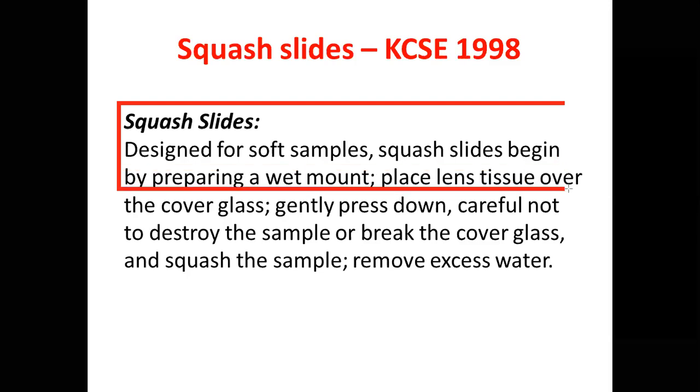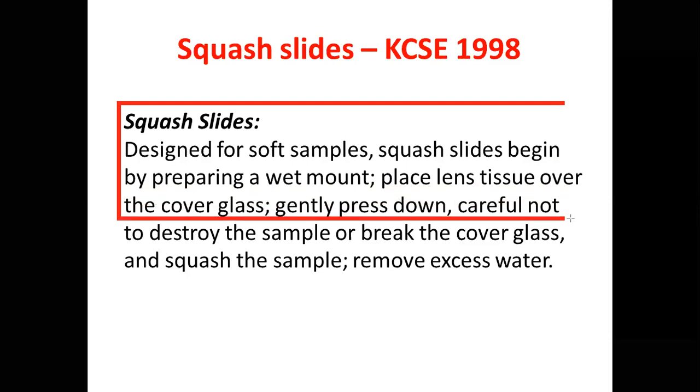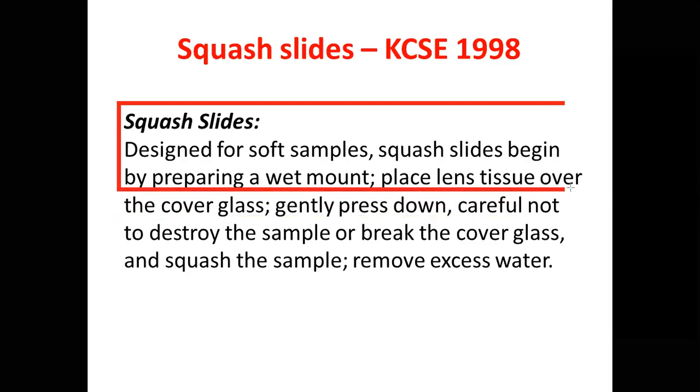A wet mount. That is, you are placing the tissue that you want to observe maybe on top of a water drop, so that the cells don't get dehydrated. We place the tissue over the cover slip, although now we have already put the drop of water and also stain.